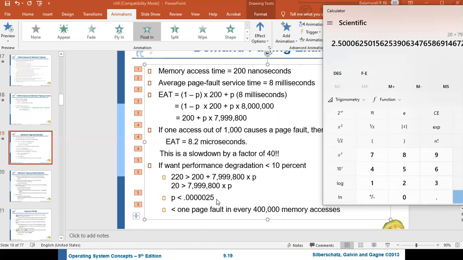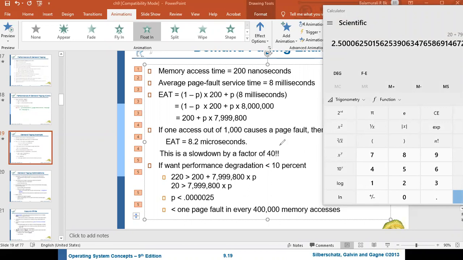Then it means how many page faults we can accept, out of how many memory accesses we can accept one page fault. How can we calculate that?